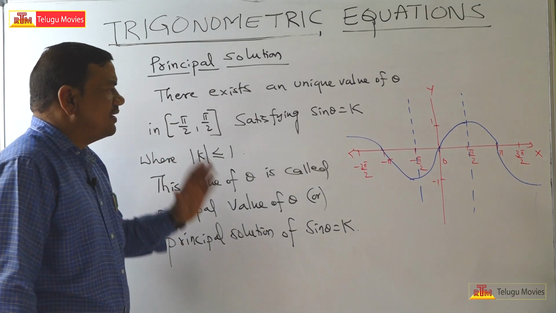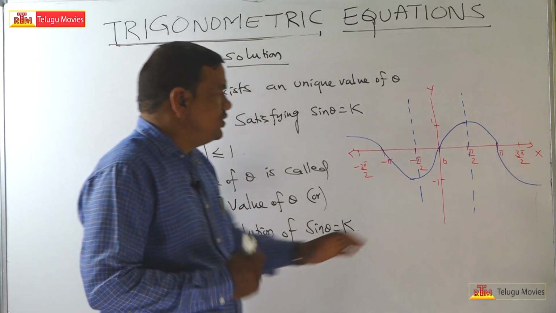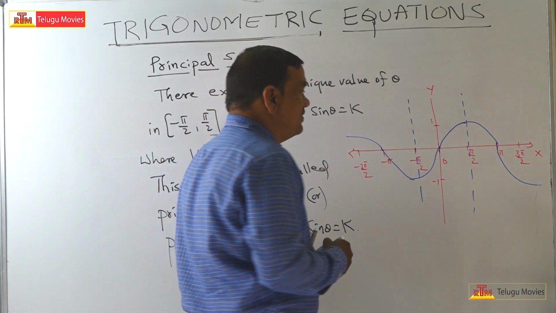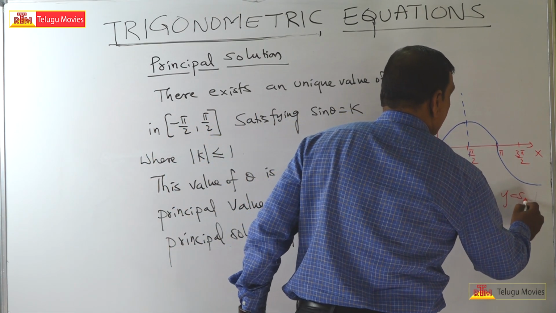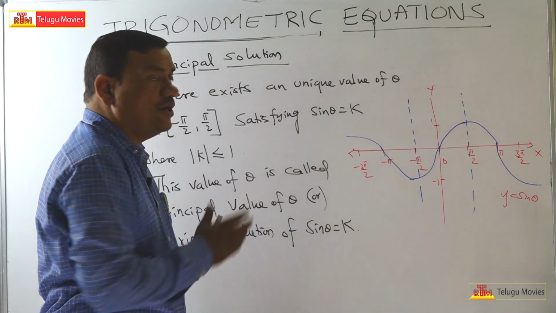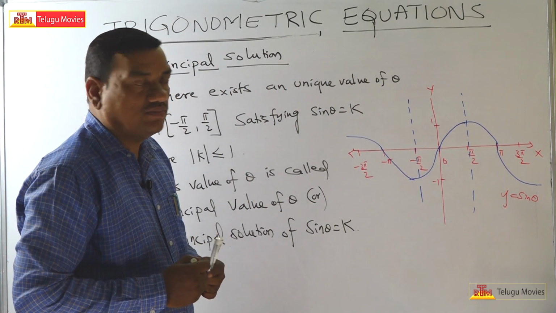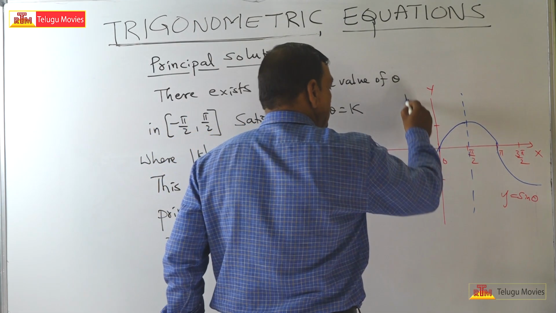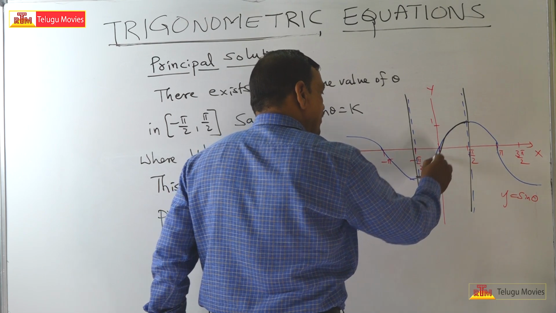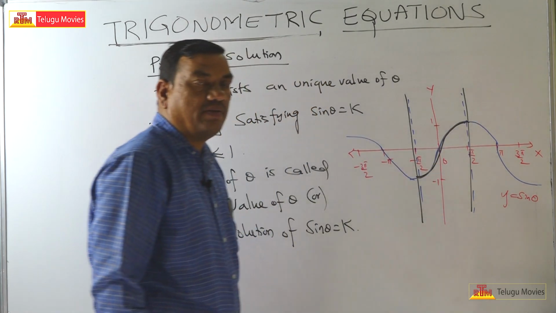The principal solution means, first observe the graph of sin theta. Once again, the graph of sin theta. So this is the y is equal to sin theta graph. Between minus pi by 2 to plus pi by 2, you observe the graph from minus pi by 2 to plus pi by 2.